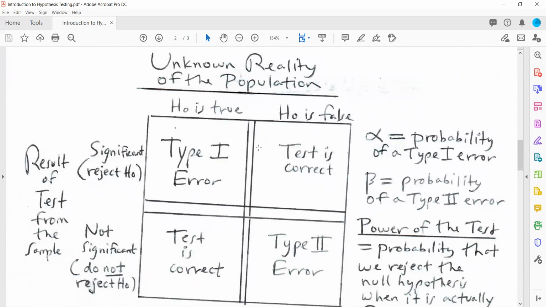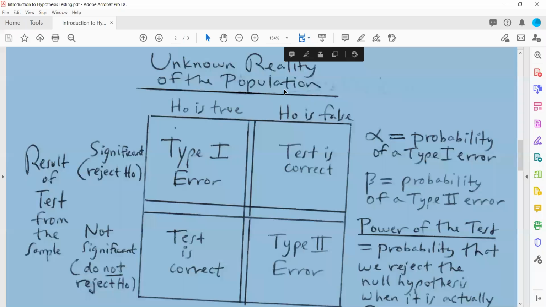Now, what is this chart showing? There's two things it's showing. Along the columns, I'm talking about reality. The only reason we're doing a statistical test is we're trying to test a proposed value for the null hypothesis. It's proposed because we really don't know.